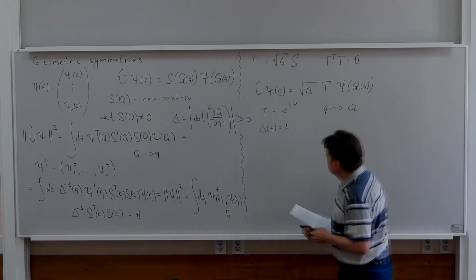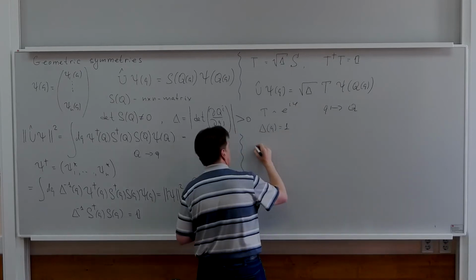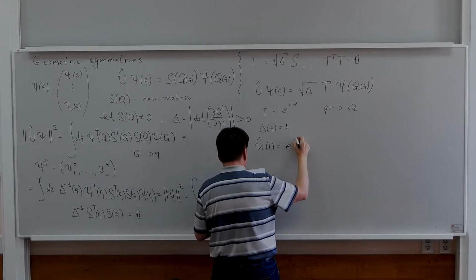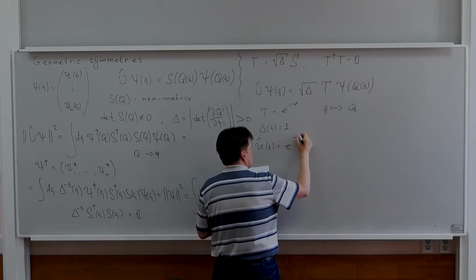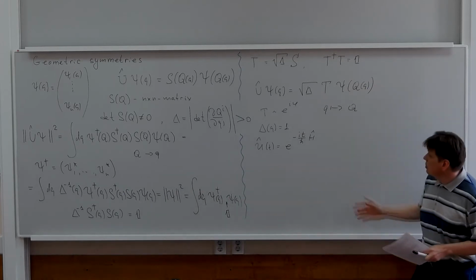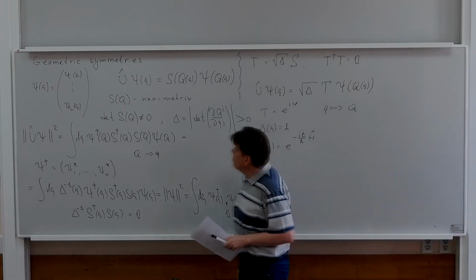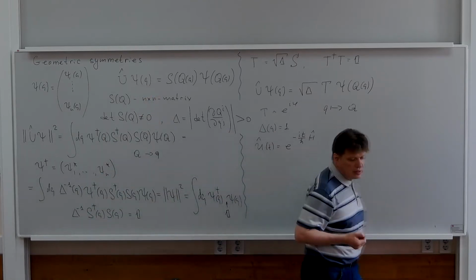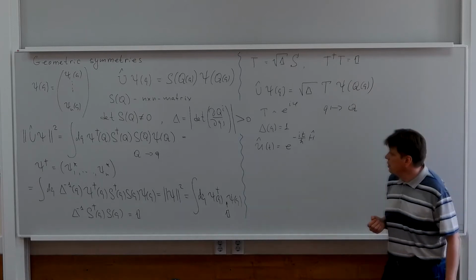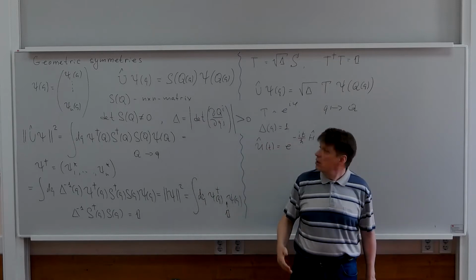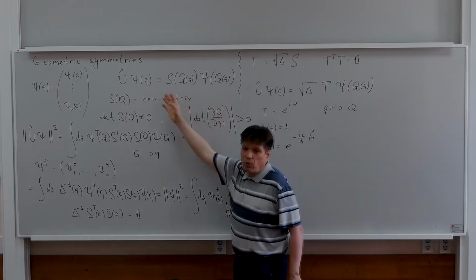On the other hand, the evolution operator, which is a symmetry of any system with a time-independent Hamiltonian, in coordinate representation gives us an example of a non-geometric symmetry transformation. It should be emphasized that the property of being geometric depends on the representation we are working in.